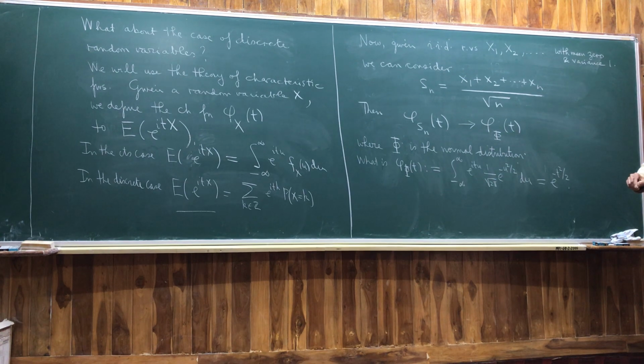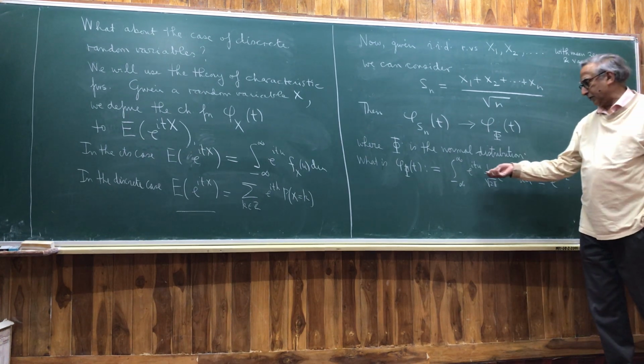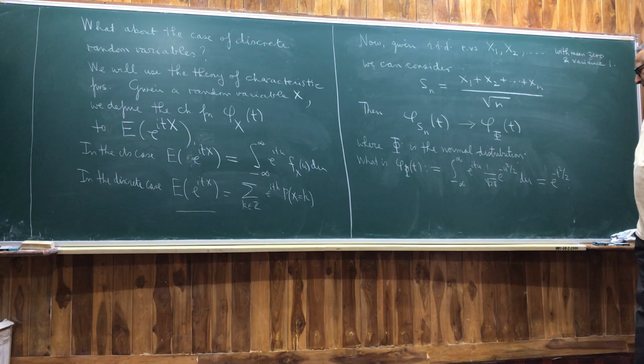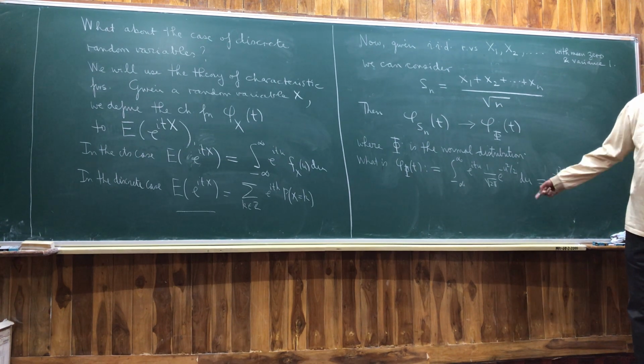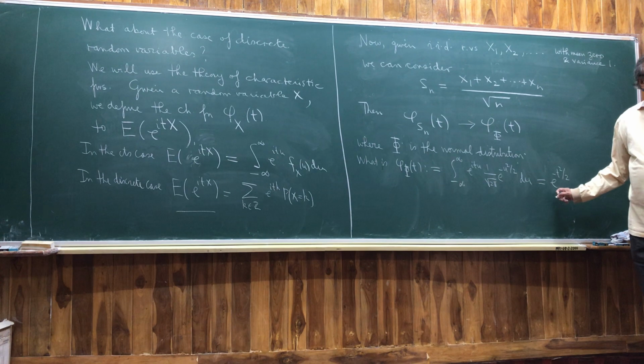Because the u is a minus u there. Yeah, but it wouldn't matter. Yes, there's a minus, that's true, but minus t squared is t squared. You can put t or minus t.